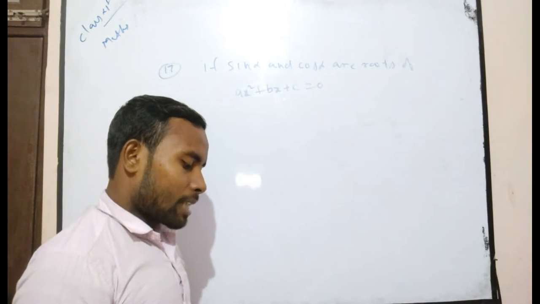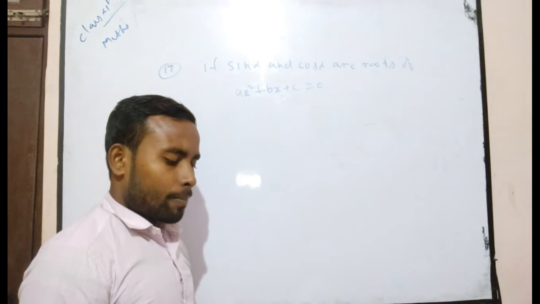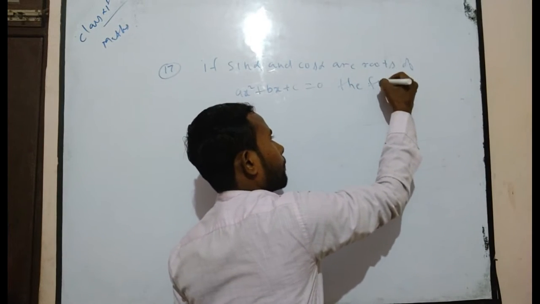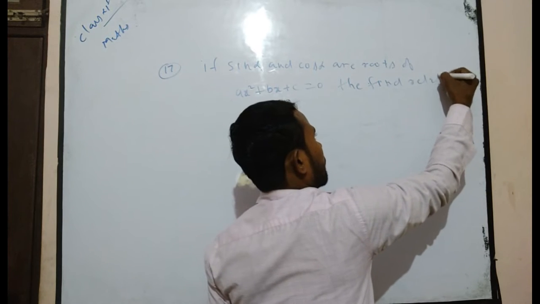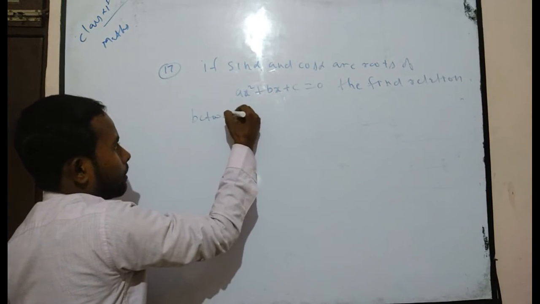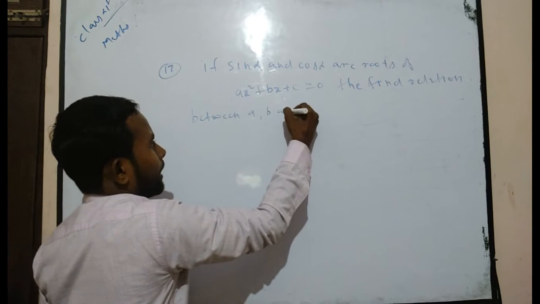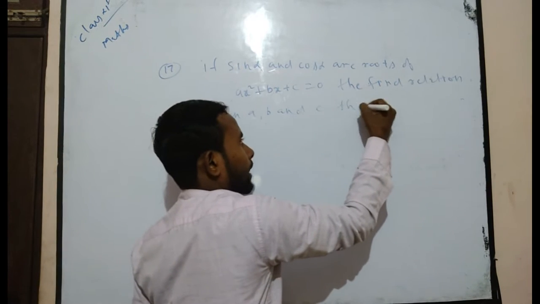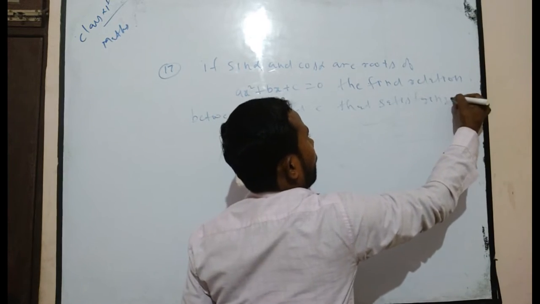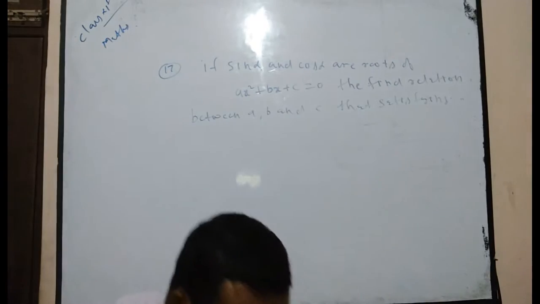Then find the relation between a, b and c that is satisfied. How can you solve this problem?